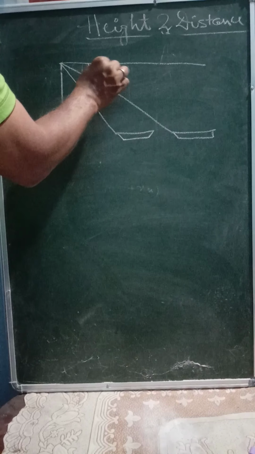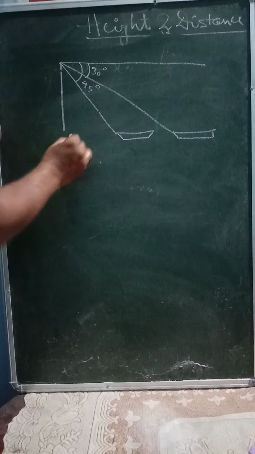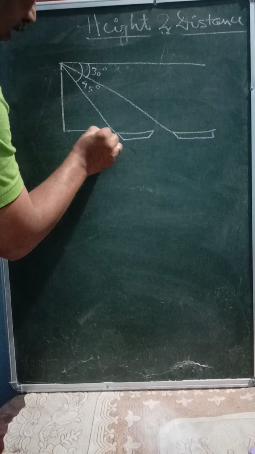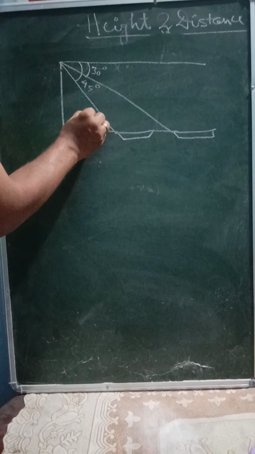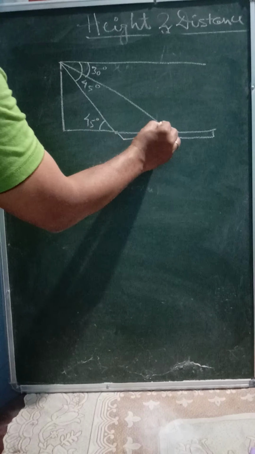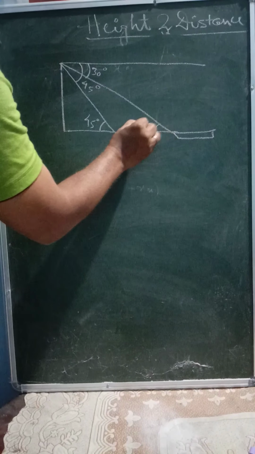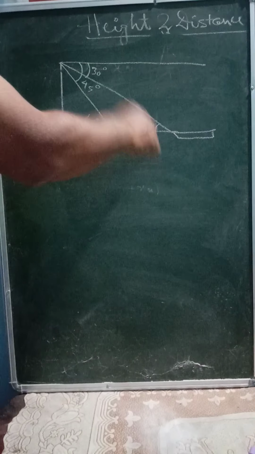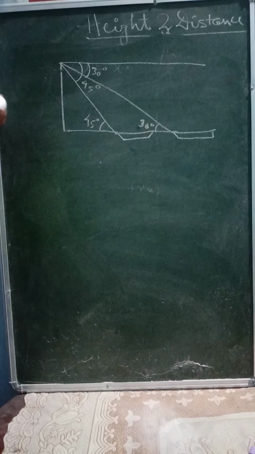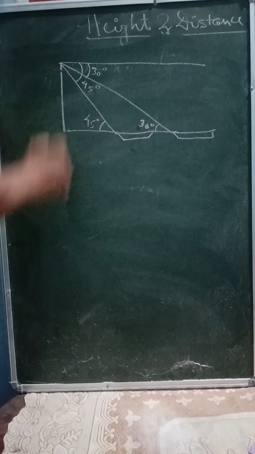So it is 30 degree here, and here it will be 45 degree. Now based on this, if we join this, then this angle will be 45 degree and this angle will be 30 degree, because these are alternate interior angles. That's because both the ground and this horizontal line are parallel. So this is 30 degree, this is 45 degree.